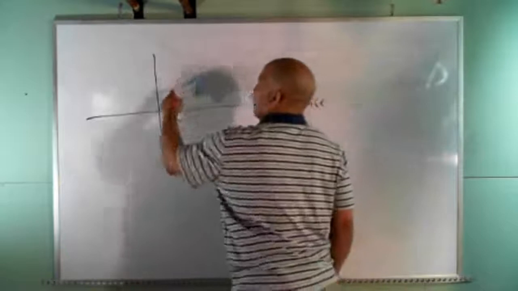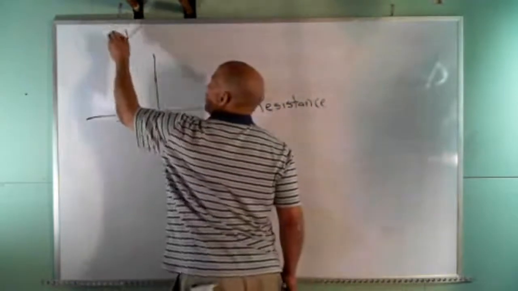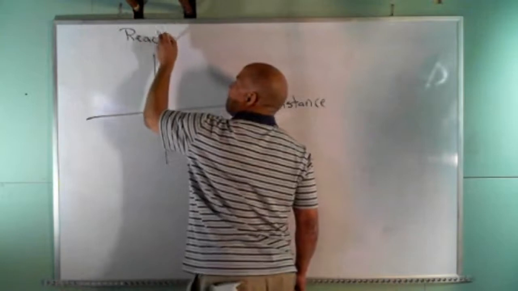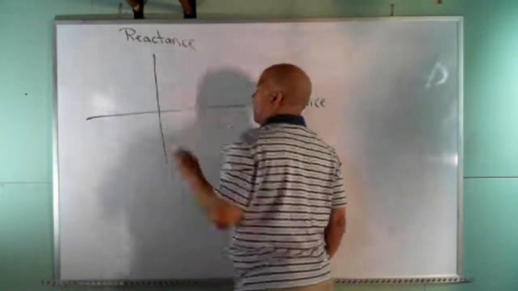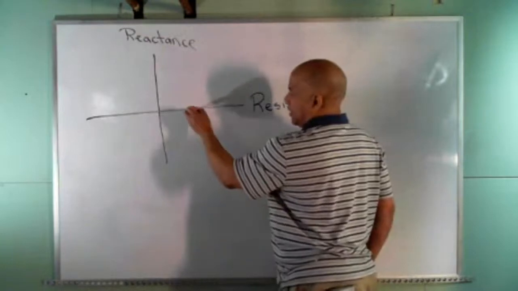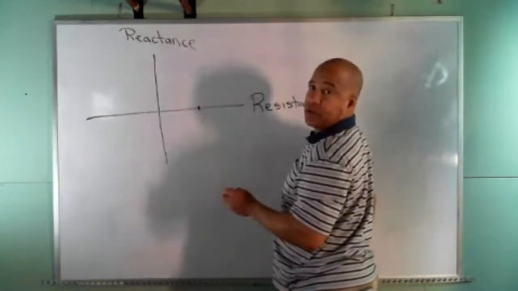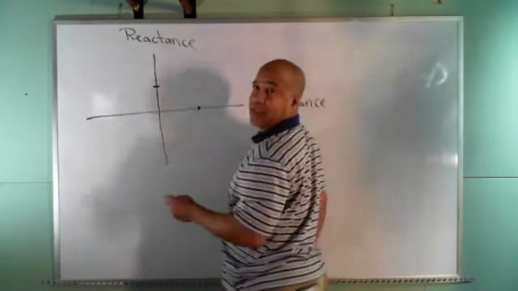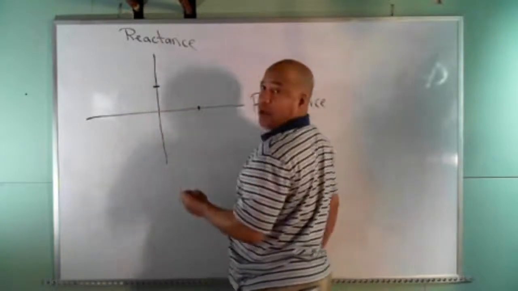And then the y-axis is reactance. So if I have a number and I'm on this axis, that's all resistance. If I have a number and I'm on this axis, that's all reactance. Or if I'm down here, that's all reactance.